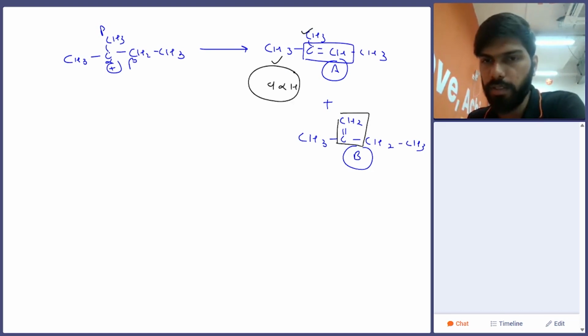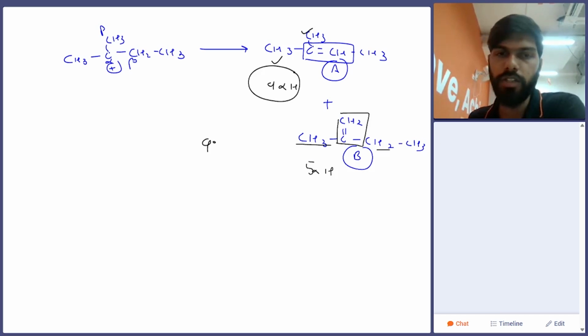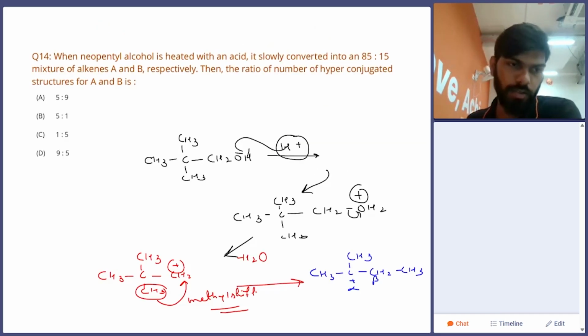Here with respect to these we have 5 alpha hydrogens. So the ratio is 9:5. Option D is correct for this question.